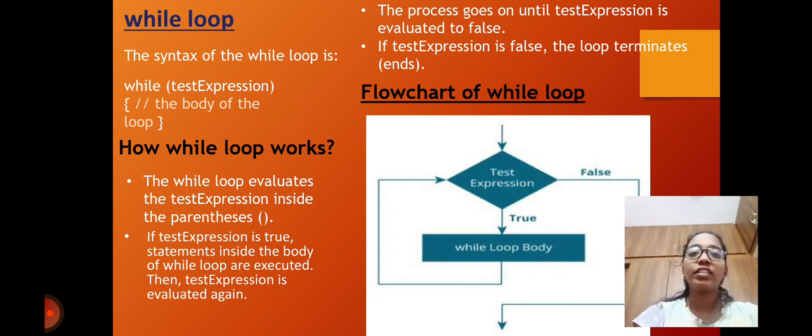How does the while loop work? The while loop evaluates the test expression inside the parentheses. If the test expression is true, the statements inside the body of the while loop are executed, then the test expression is evaluated again. The process goes on until the test expression evaluates to false. If the test expression is false, the loop terminates.